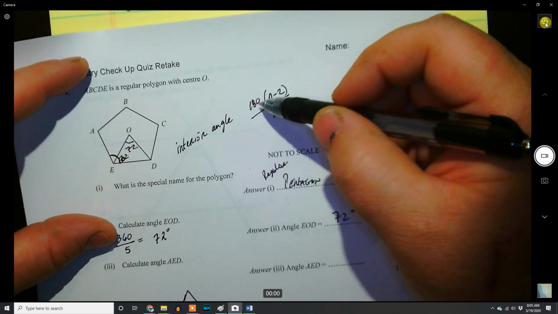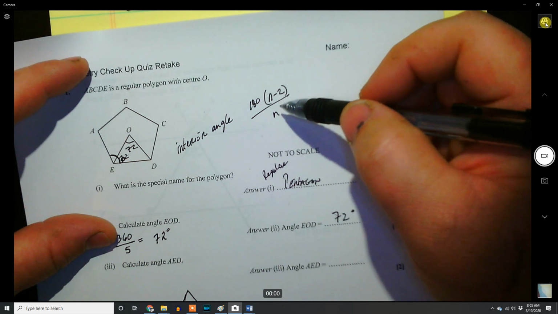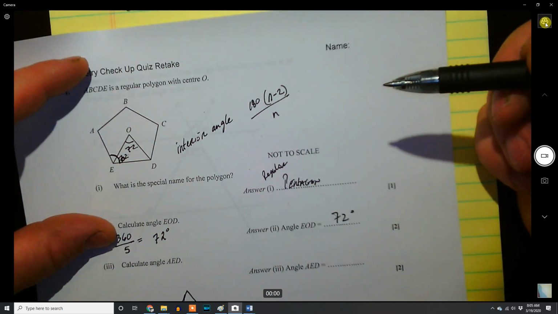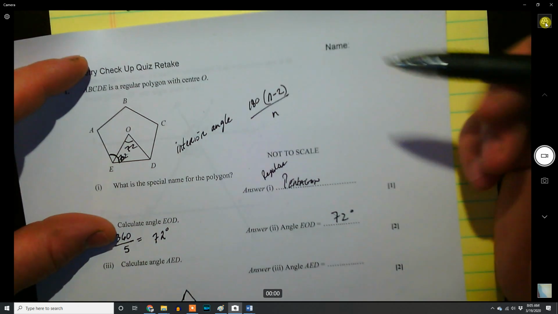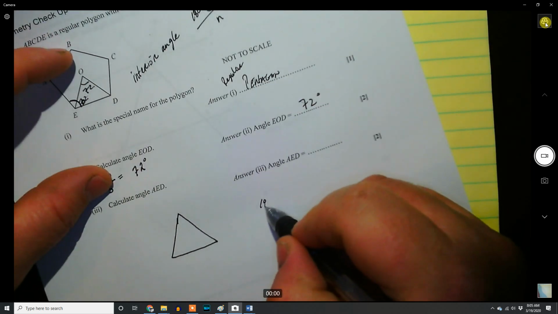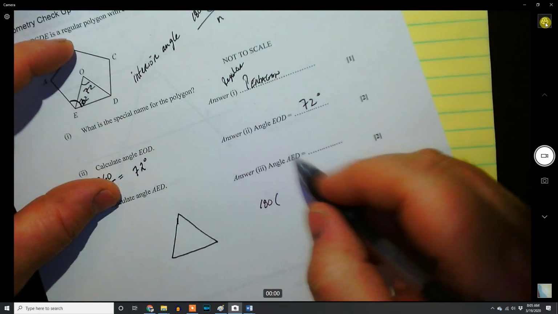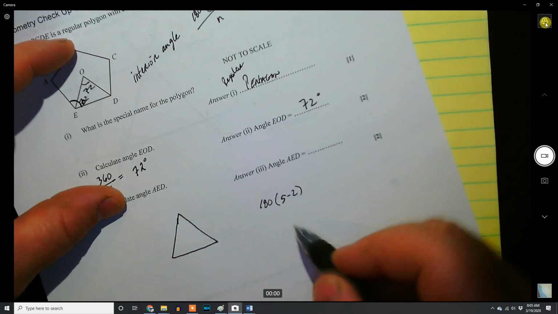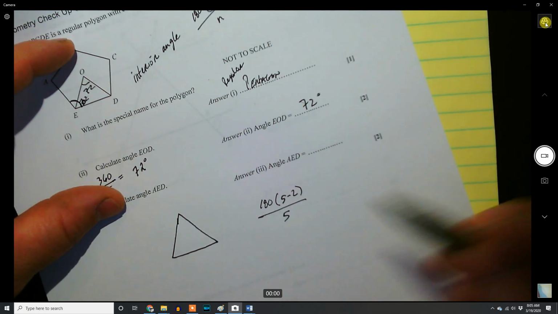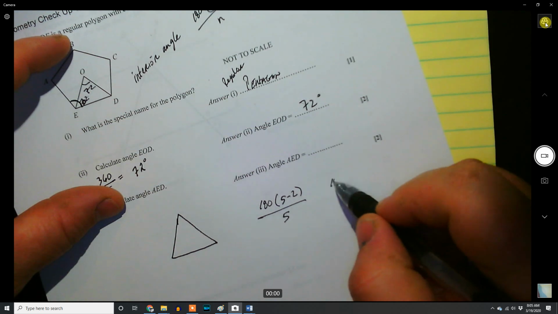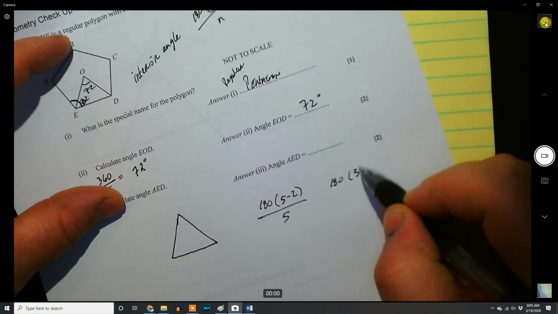So this is how you can find the measurement of an interior angle of a regular polygon with that formula right there. Of course, n is 5, so 180. Let's go ahead and write our formula out, plug in our numbers correctly. So that's 3, right? 180 is divisible by 5.